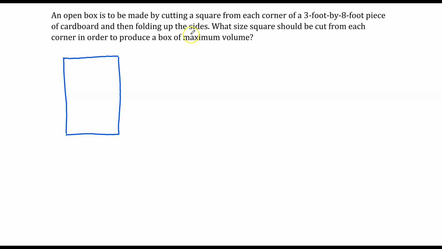Now, 1 foot is 12 inches. So therefore, 3 feet times 12 is equal to 36 inches. So this one is 36 inches. And the other side, that length there, is 8 feet times 12. That's equal to 96 inches.